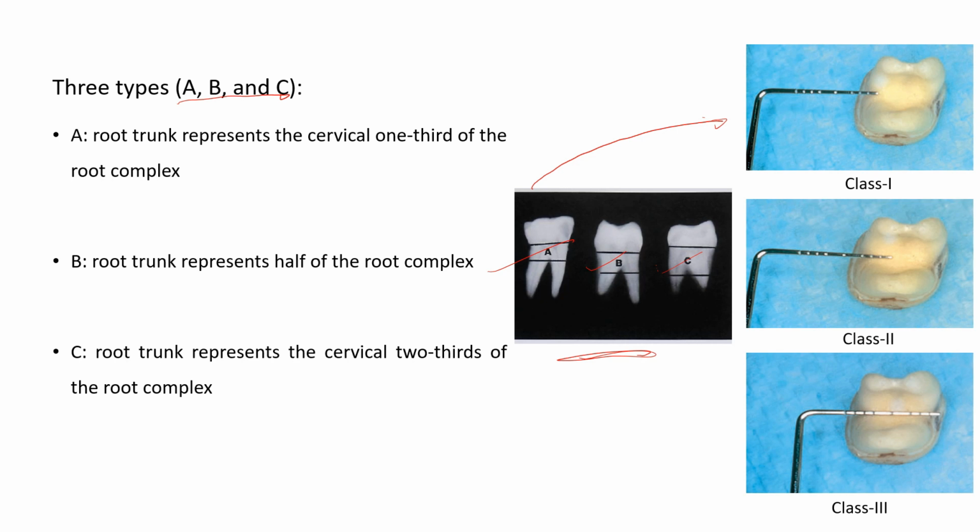Again, type A is same, that is vertical bone loss is up to 1/3, but the horizontal bone loss is more than 1/3. Then it becomes type A class 2. Again, type A remains same, but the horizontal component is through and through. Then it becomes type A class 3. So with each type 3 classes, that makes total 9 combinations.